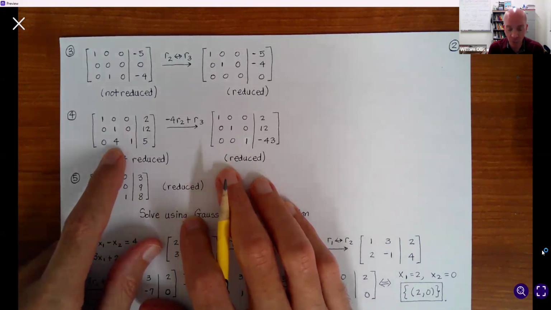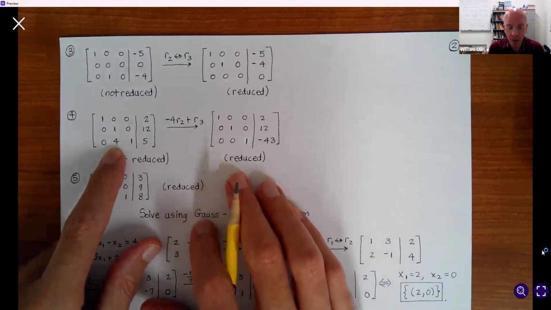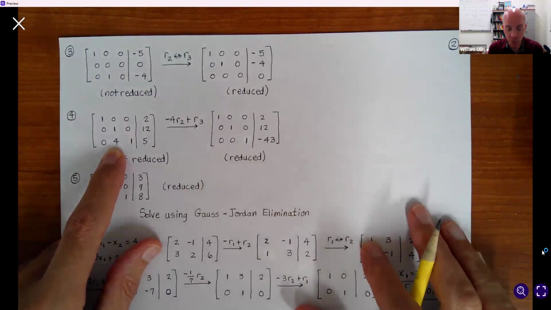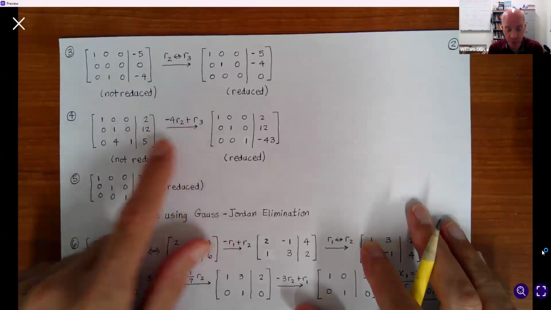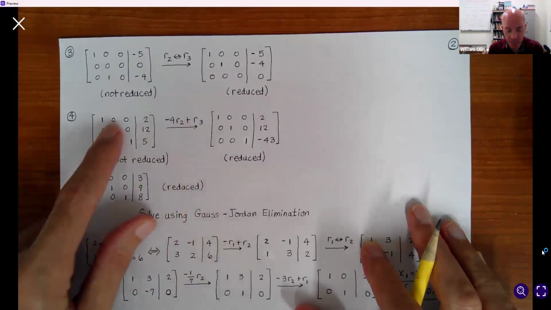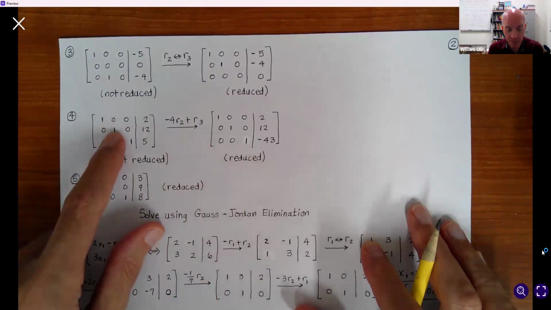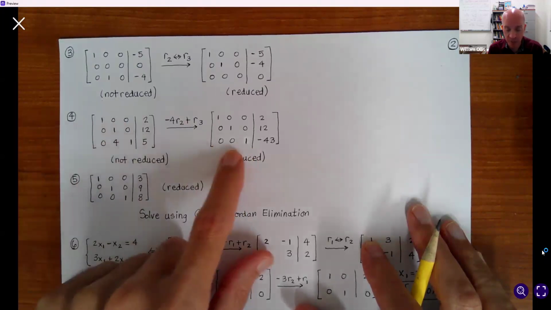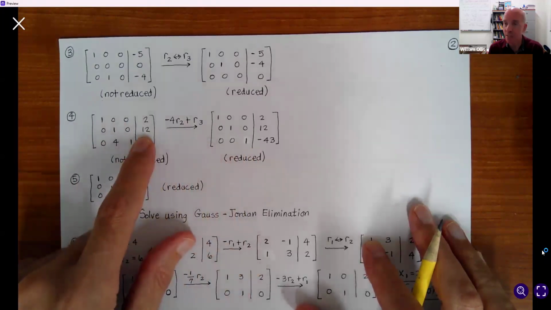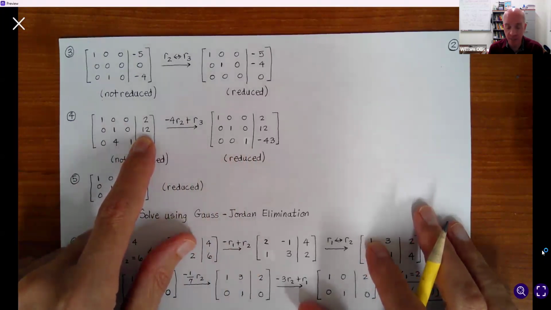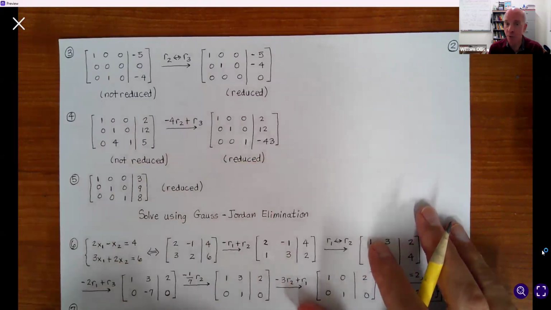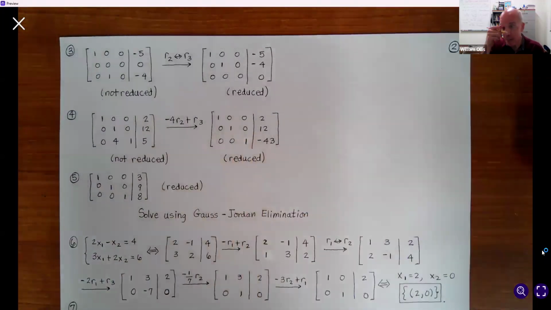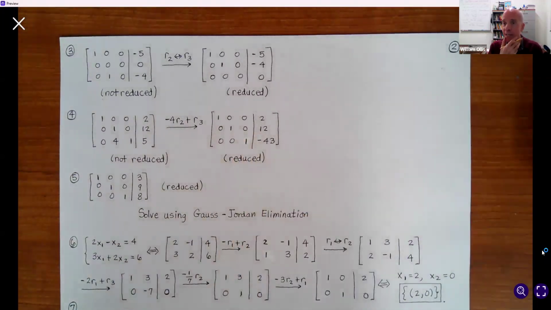We would need a zero in this particular entry, but we know that's possible to do if we simply multiply row 2 by -4 and add it to row 3. And when we do that, of course, the zeros don't change anything, but the -4 plus the 4 gives us the 0. And then, of course, the -4 times the 12 is a -48, plus 5 gives us a -43. And this is reduced.